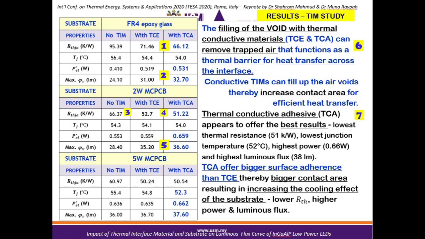The best results are obtained from the TIM material that uses the adhesive TCA, whereby we get the lowest thermal resistance, lowest junction temperature, highest power and highest luminous flux. And this can be explained by the fact that the adhesive TCA offers bigger surface adherence than the TCE, thereby bigger contact area, resulting in increasing the cooling effect of the substrate.